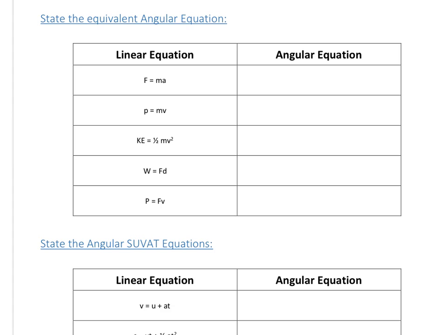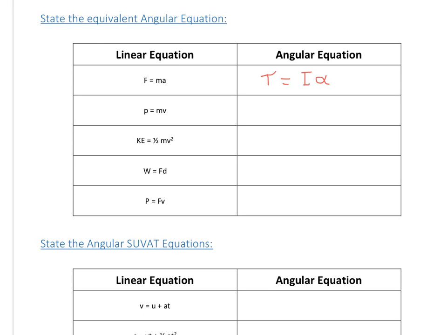As I said before, for each linear equation there is an angular equivalent, so we're going to go through what those are. In linear motion we have F equals ma, so the resultant force is the mass times acceleration. In rotational motion you have similar equations: the resultant torque is the moment of inertia times the angular acceleration.